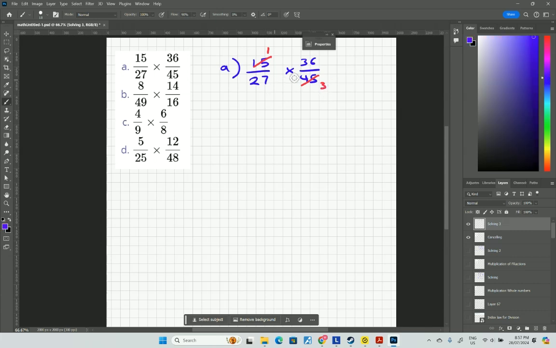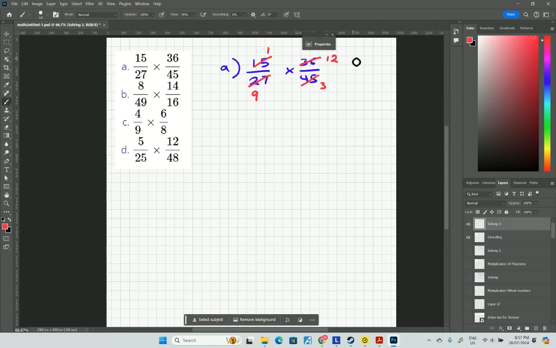If we look at the 36 and our 27, what's a common factor we can use there? We can use 3, actually. So we get 9, and we get 12. And it turns out we could have gone further. So what can we do now?